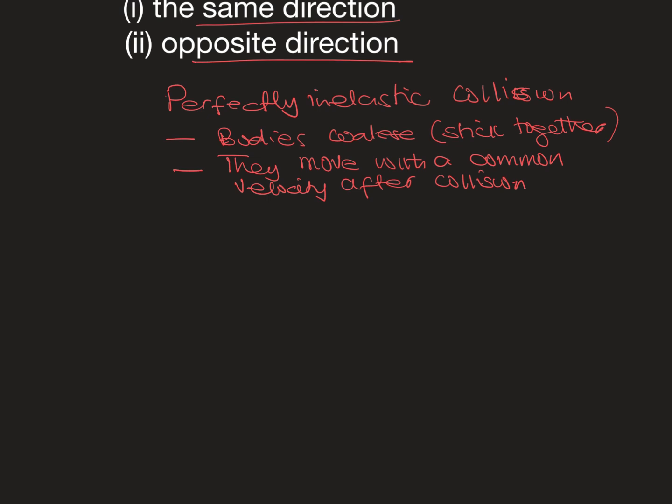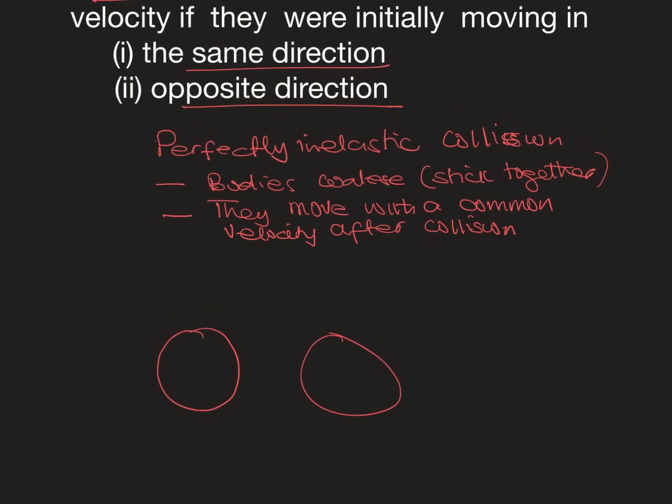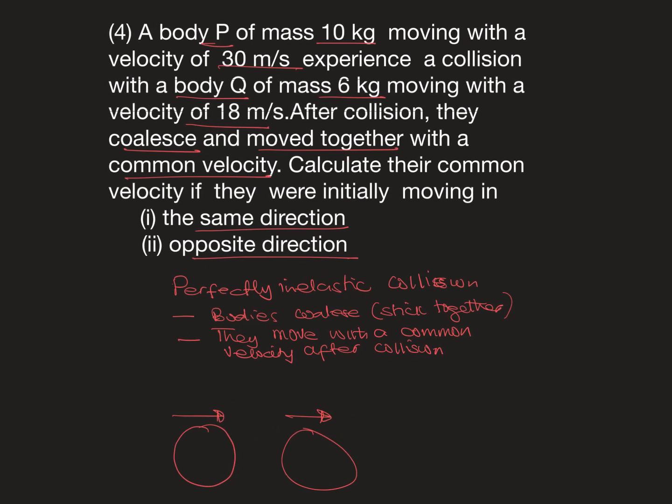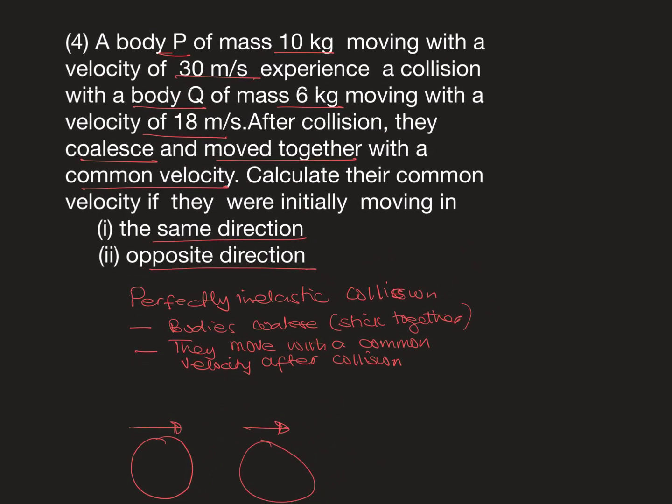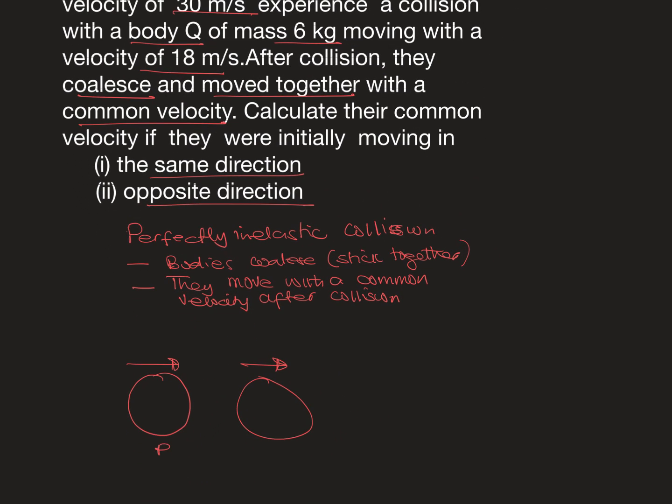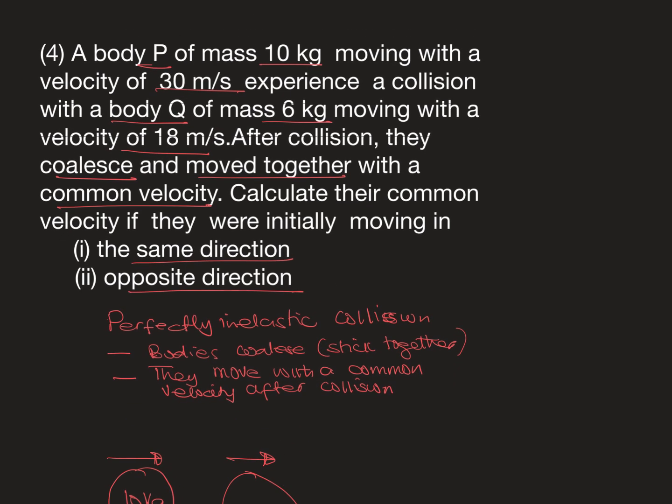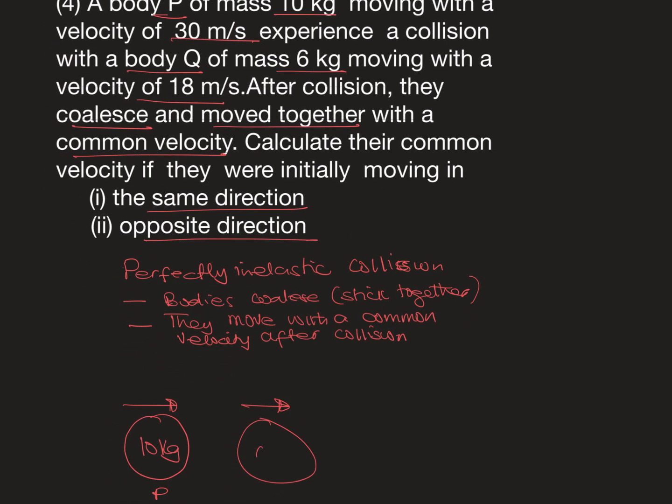For the first case, we have the two bodies. We're going to assume that they are moving in the same direction. The mass of P is 10 kilograms. The mass of Q is 6 kilograms.